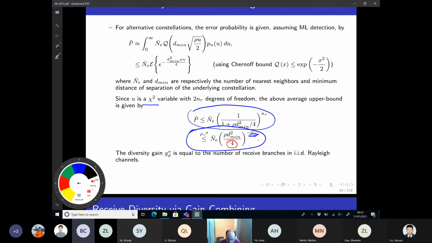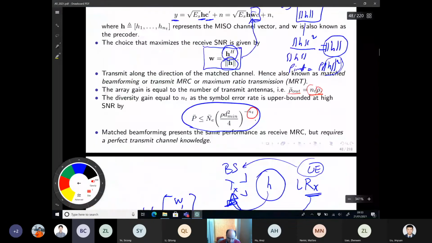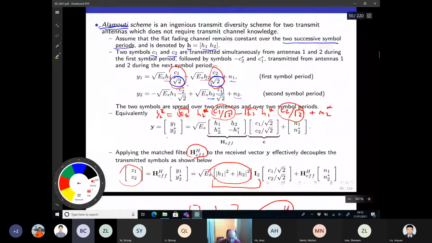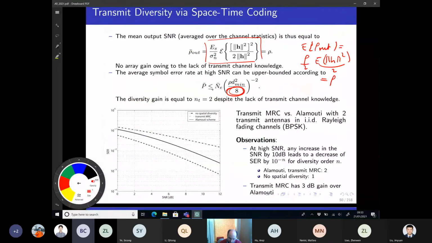And instead of having nr, I'm going to have now 2 because I have 2 transmit antennas. So this is what you see here. This is the upper bound of the symbol error probability of the Alamouti scheme when you have 2 transmit antennas.